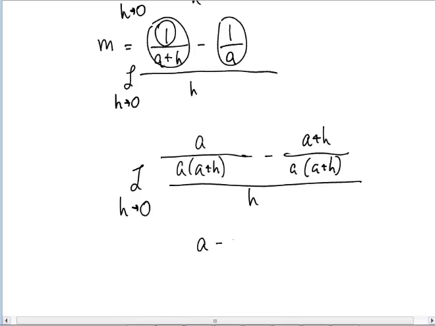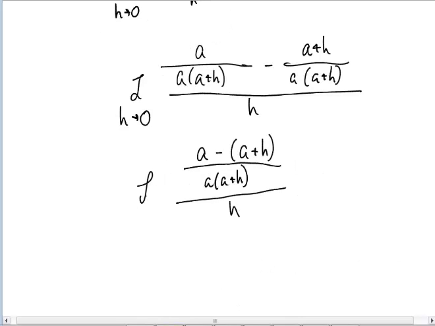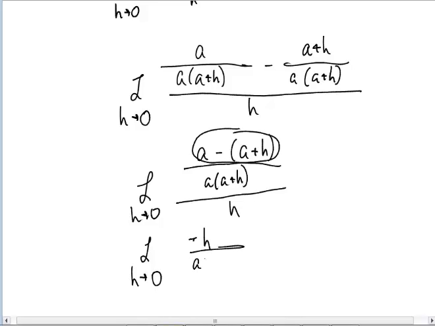So now I'm going to add these fractions together. I have a minus a plus h, all over a times a plus h, all over h. I'm going to limit h to go to 0. My numerator is going to simplify. It's going to become negative h, because when you add that all together, it makes negative h, all over a times a plus h, all over h.